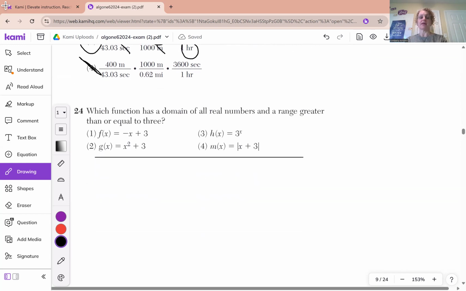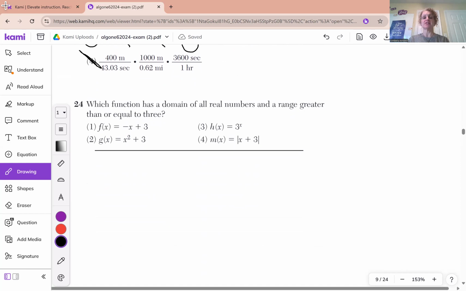All right. And then 24, which function has a domain of all real numbers and a range greater than or equal to 3? All right, number 1 is a line. So a line does have a domain of all real numbers, meaning you could put in anything. But when you put in anything, the range is all real numbers as well. So you take that out. Again, you can put this in your calculator if you need to. Number 2 is a parabola.